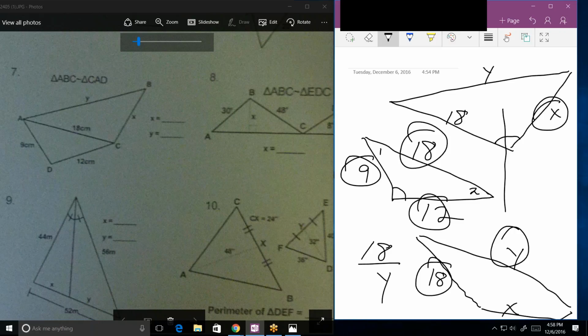So the similarity ratio is 1 to 2, correct? So what's x? If the similarity ratio is 1 to 2, what does x have to be? How is it 1 to 2? Because the 9 goes with this 18.